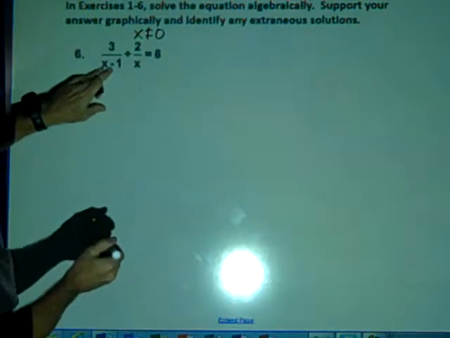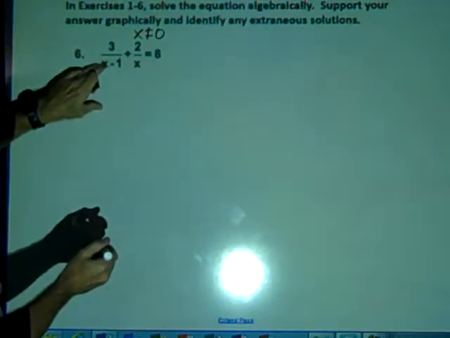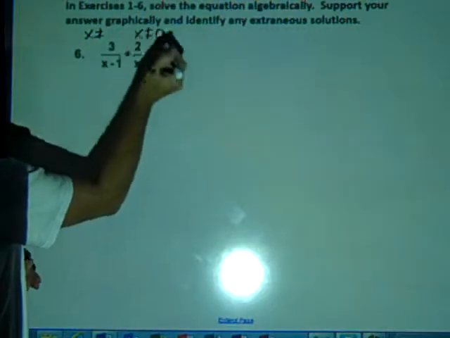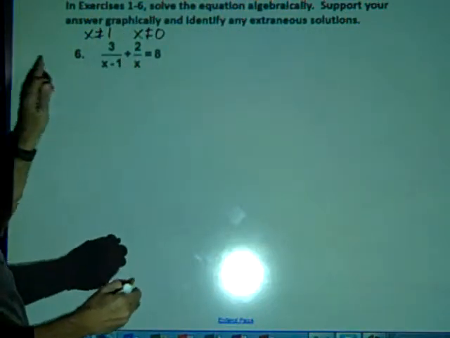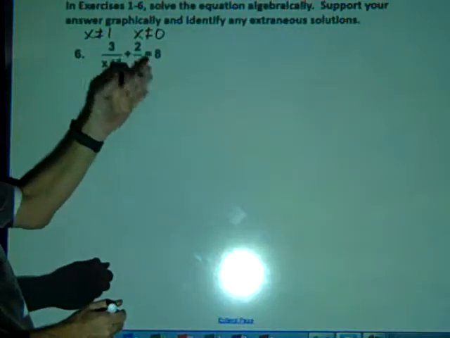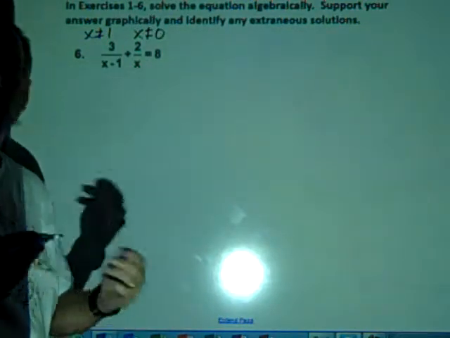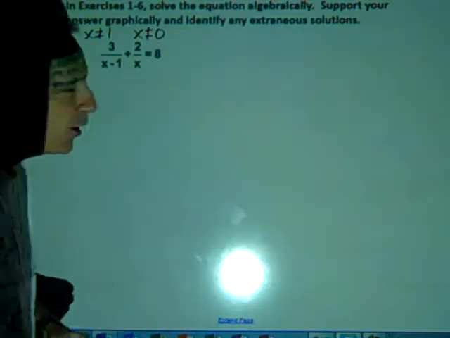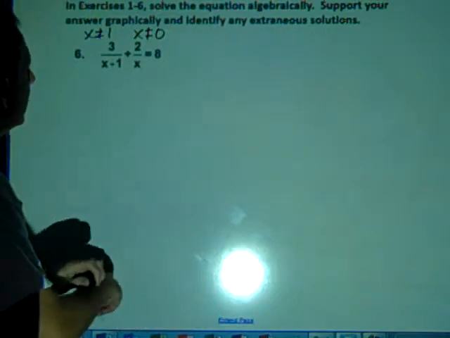And for this denominator, x cannot equal 1, because 1 minus 1 is 0. So if in the process of solving this equation we find any solutions that have either of these answers, we would call those extraneous solutions. Extraneous solutions meaning answers created in the process of solving the problem.